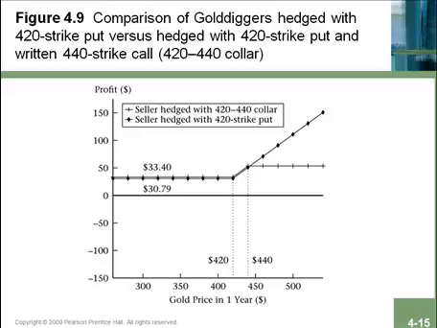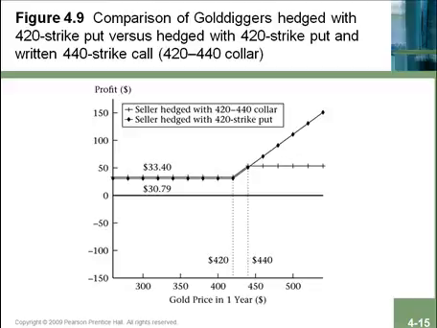With the collared position, the net result looks kind of like a bull spread, and you have a maximum possible gain there. On the other hand, notice what happens if the price of gold does not go up.